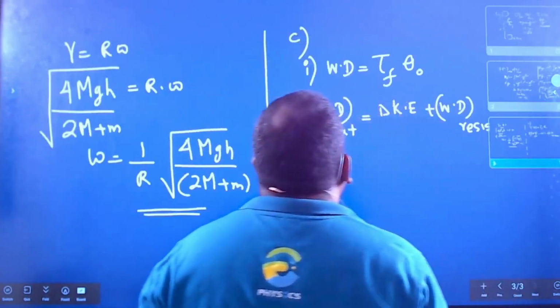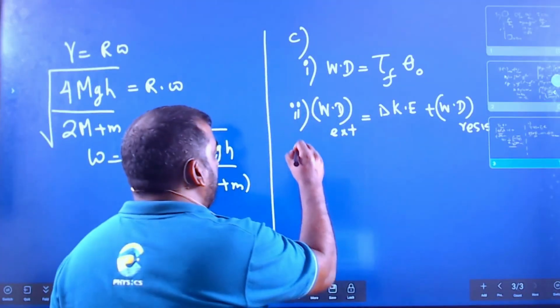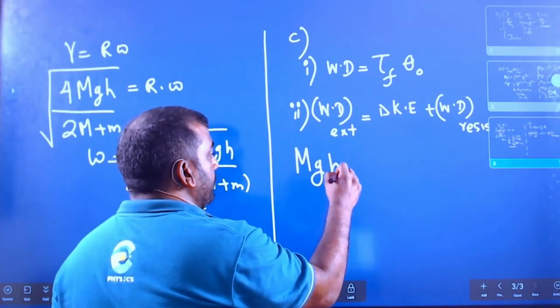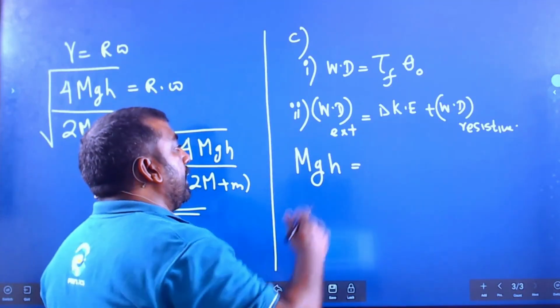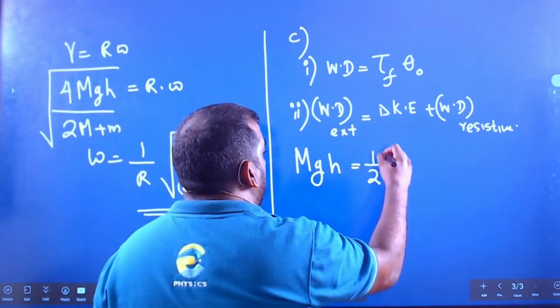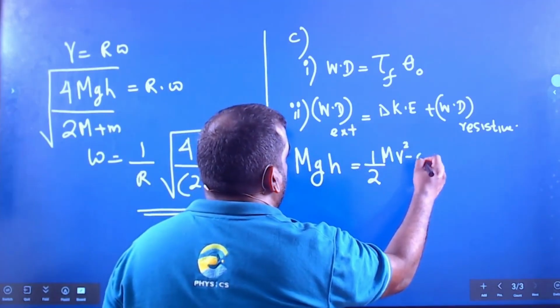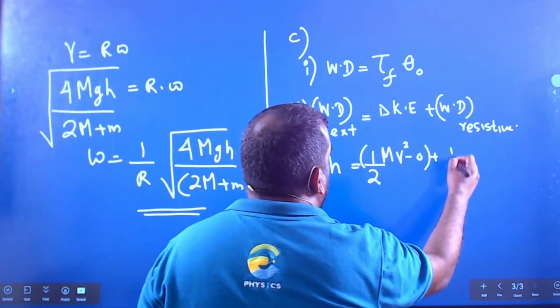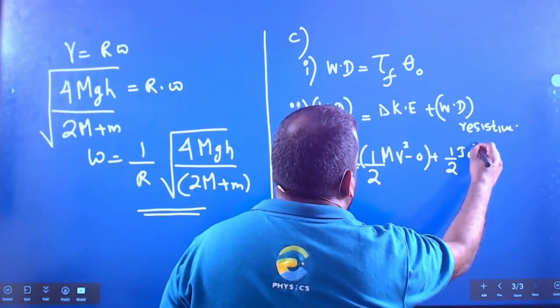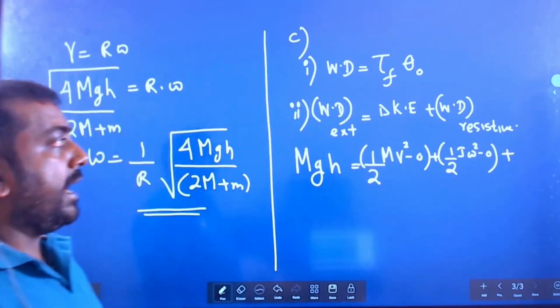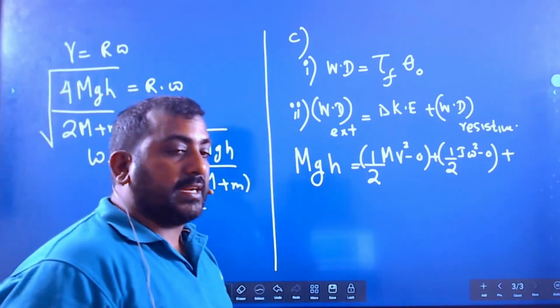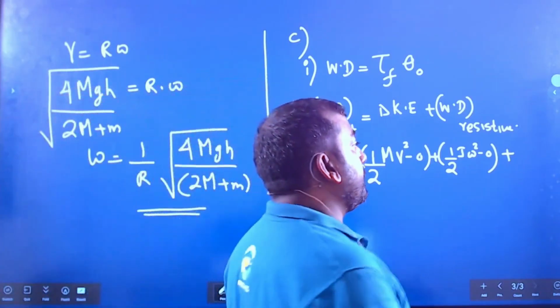So what I'll do is work done by external force, mgh. Is the pulley coming down? No. Increase in kinetic energy is half mv squared minus 0, plus half I omega squared, that's the final, minus 0, plus work done by resistive forces. Do you have friction? Yeah, frictional torque is given.